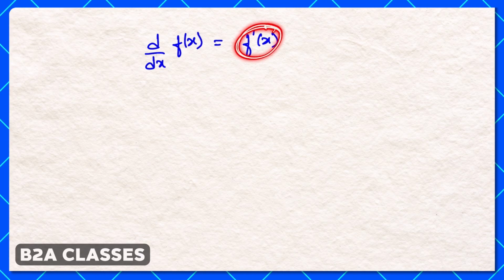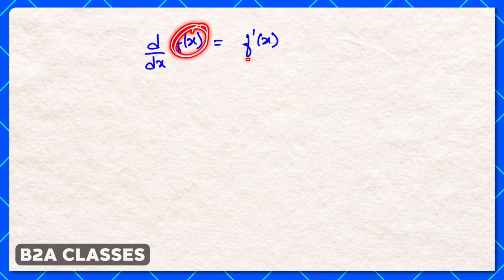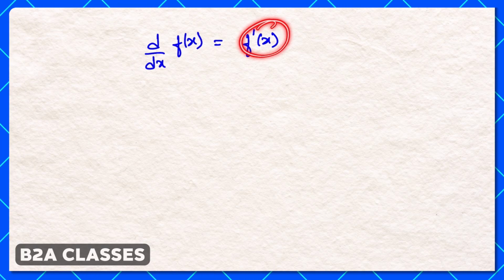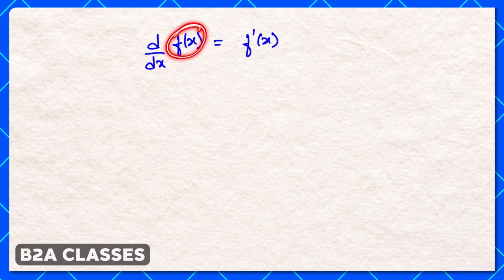So this function is the derivative of the function f of x, and this function is the integral of the function f dash x. The process of finding f dash x is called differentiation, means the process of finding derivative is differentiation. So this function is called integral or antiderivative, and the process of finding this function is called integration or antidifferentiation.